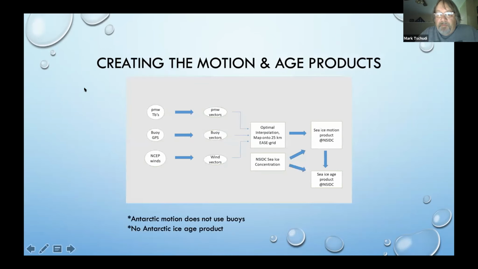So this chart summarizes how the motion and age products are actually created. On the left, for more details, you can reference a paper that Walt and I and Scott published not too long ago that summarizes in more detail.